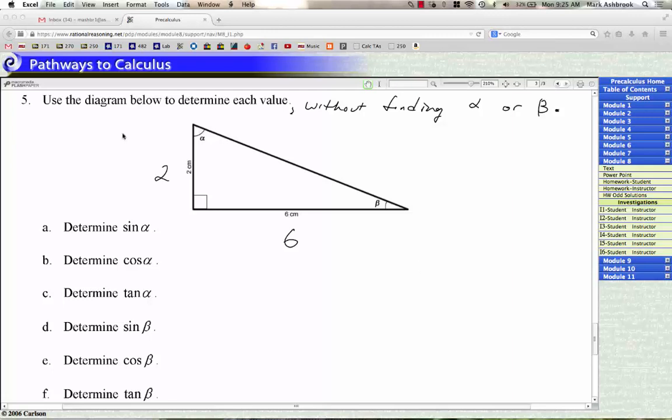Okay, Devin, sine alpha. Nice and loud. He wants 6 over square root of 40. Is that what you said? Agree? Cosine alpha. Colton.